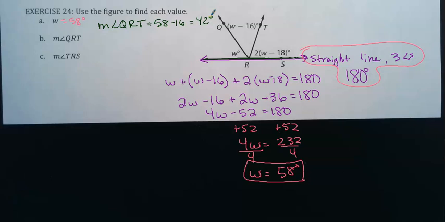And next I want the measure of angle TRS. That one's going to equal 2 times the quantity 58 minus 18. You don't have to distribute once you know these numbers, right? You could say 2 times 58 minus 18 is 40. 2 times 40 is 80 degrees.